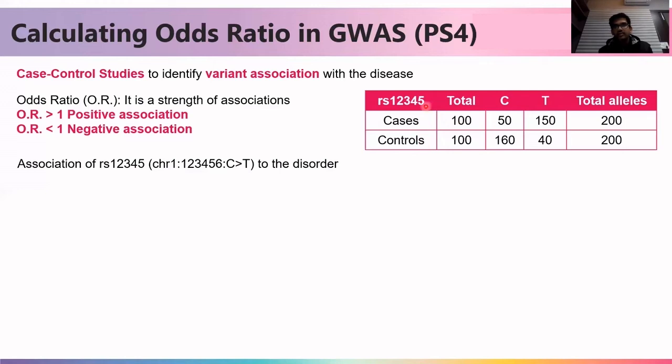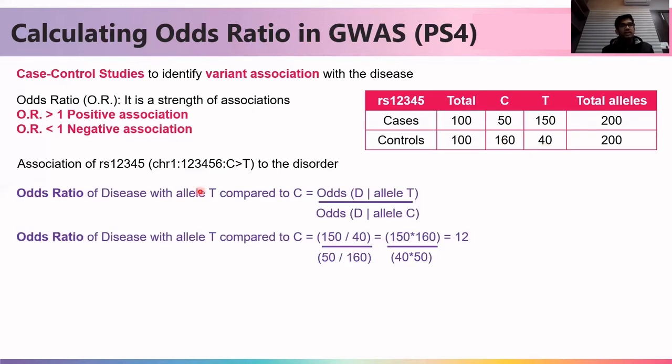Okay, for that particular RSID in which there is a change from C to T, there are 50 alleles which have a C, while for T in the cases there are 150 alleles, which will be a total of 200 alleles. Similarly, for controls, we have 200 alleles, and for C, we have 160 alleles, and for T, we have 40 alleles. Now, how can you calculate the odds ratio?